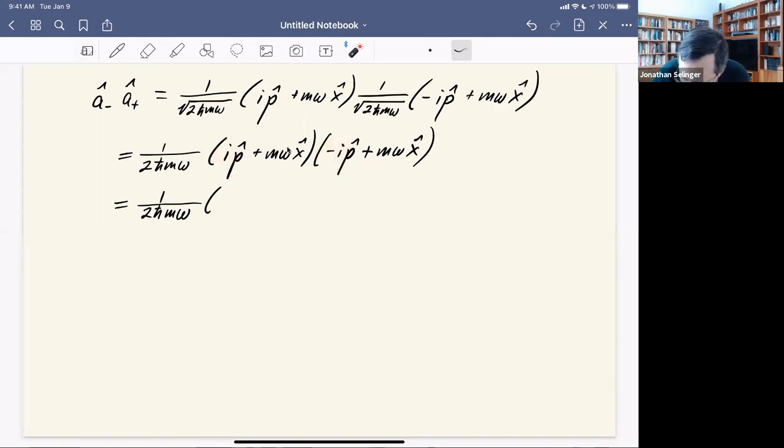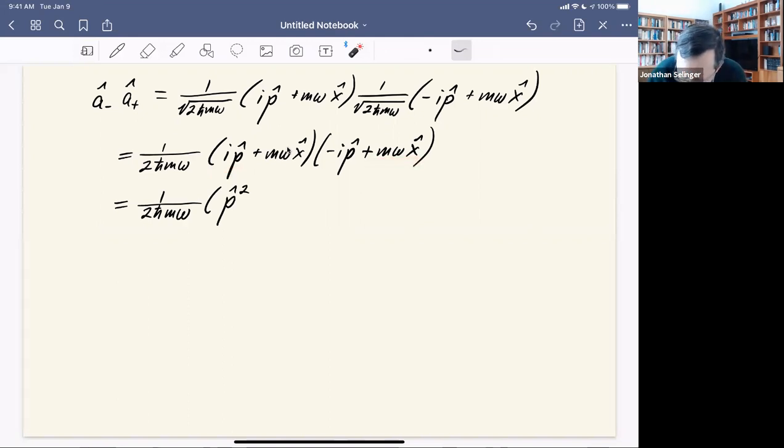And we have then a P operator squared. That means you have the P operator acting 2 times.